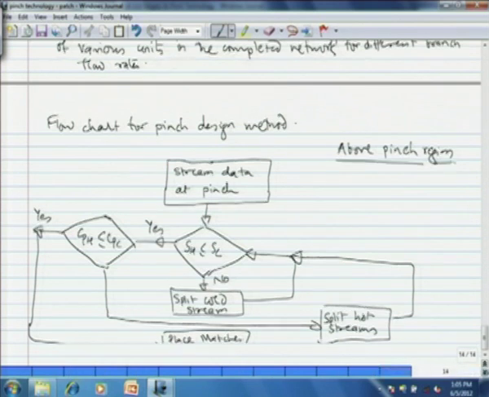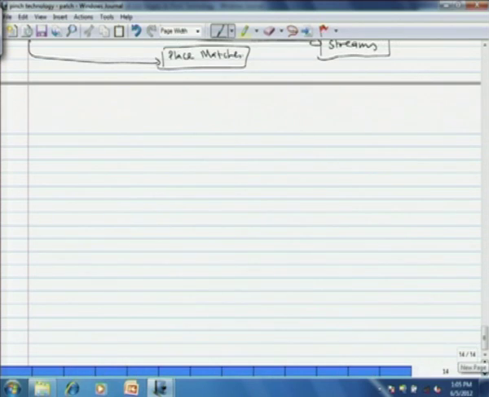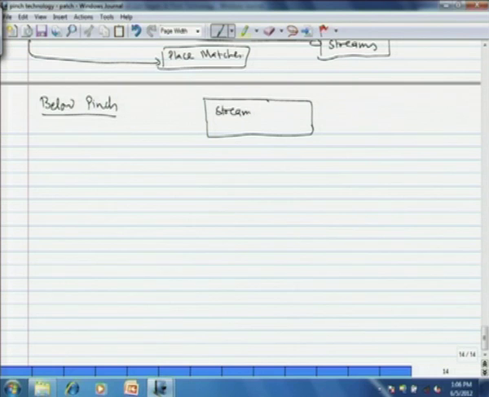We can write a similar algorithm for below pinch region. You start with the stream data, then you check the stream population criteria, whether SH greater or equal to SC is satisfied.